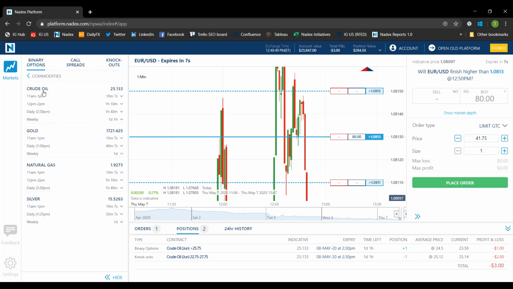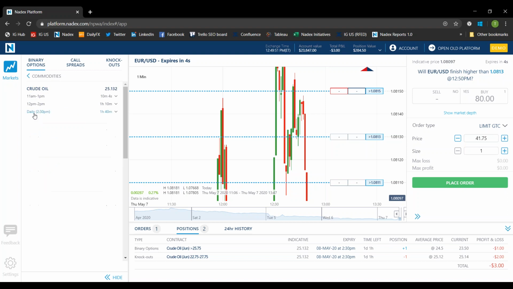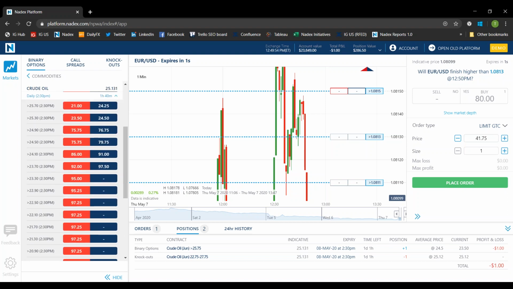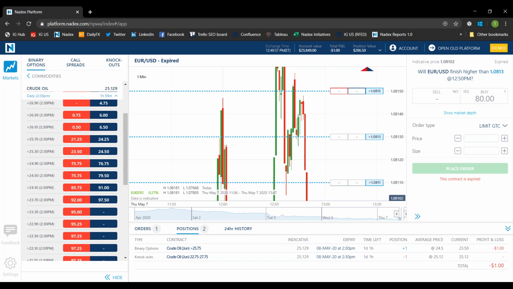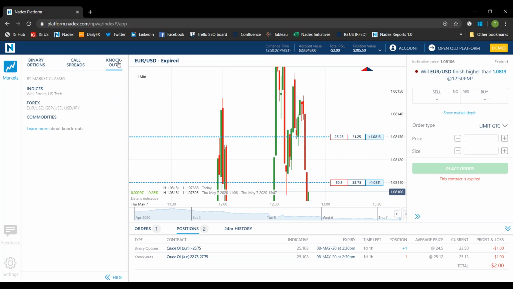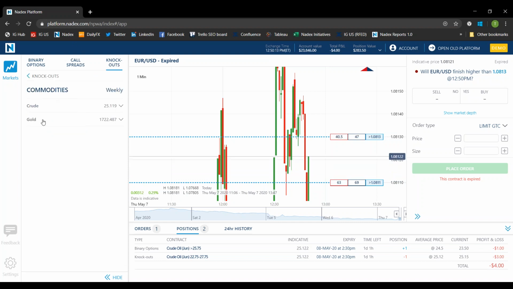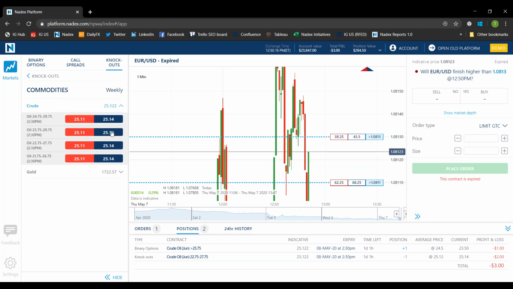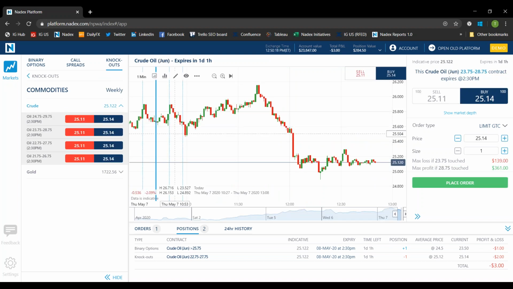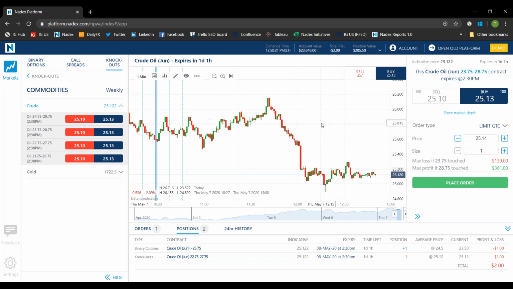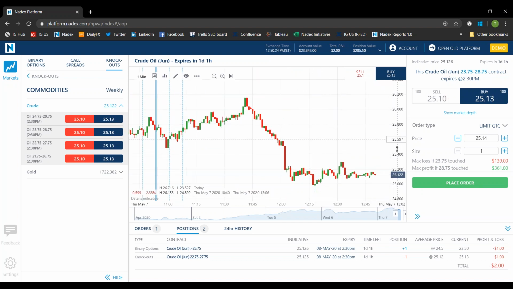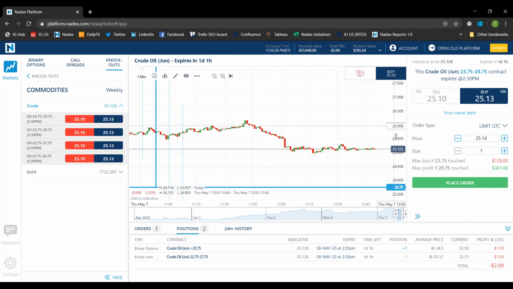But I did focus most of my discussion around crude oil, and that is because the price of oil has been pretty dramatic lately. And here is a way for you, in a very limited risk, limited reward way, whether it's with a binary all or nothing, will oil finish higher than a certain level, yes or no, and it's the probability of that being true, or knockouts, where you're very much trading the price of a barrel of oil, but you're giving yourself a range of where oil can go with a floor and a ceiling.